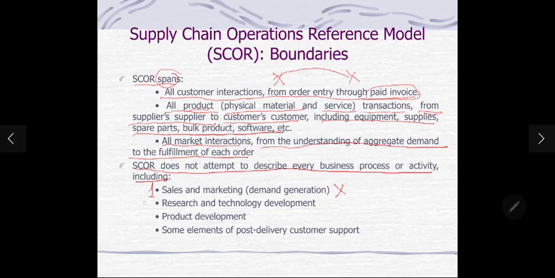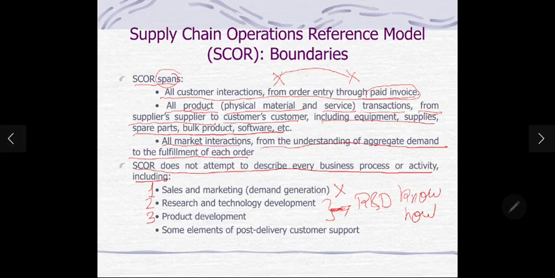Number 2, research and technology development. This is related to number 3 as well, product development. In other words, anything related to research and development, anything related to know-how, anything related to secrets in the production are not covered in the Supply Chain Operations Reference, in the SCOR model.